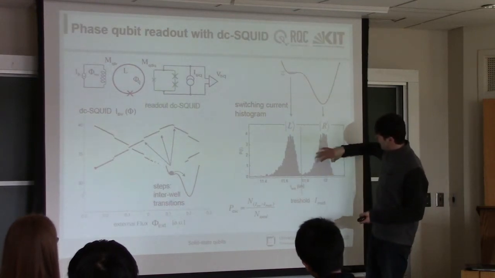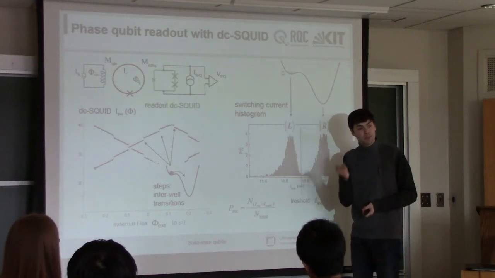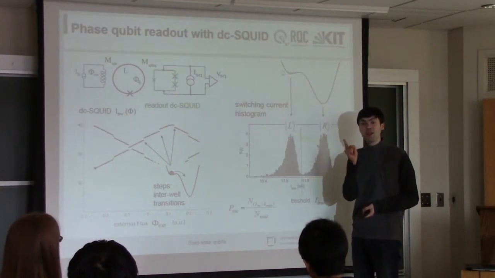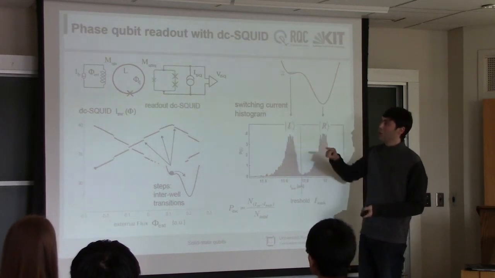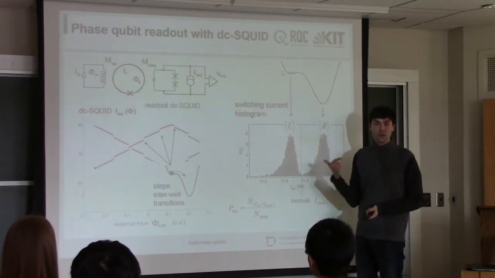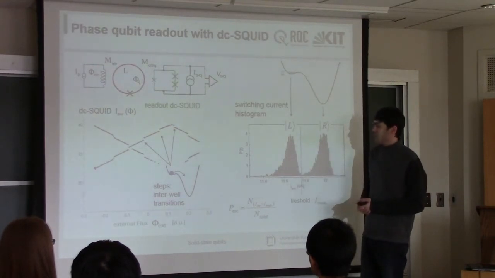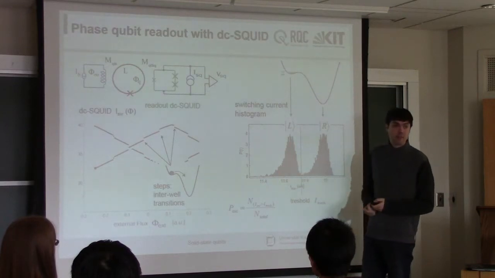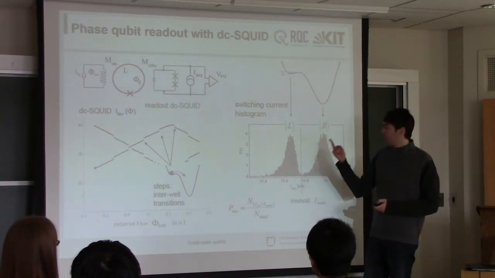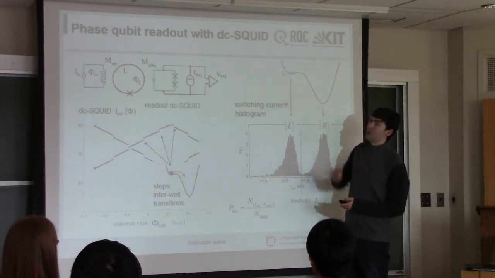So the two switching distributions are completely separate, and that tells you that in a single shot, in a single measurement, you are able to identify whether the qubit, the red loop, is in the ground state or in the excited state. So this graph is the evidence of single-shot readout. The overlap between the two distributions is tiny. So from one shot, you are sure about whether you're in the 0 or in the 1 here.